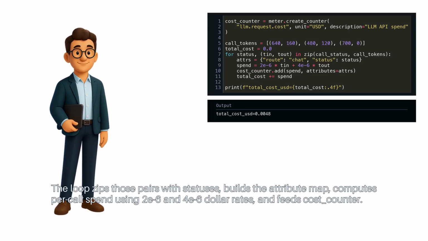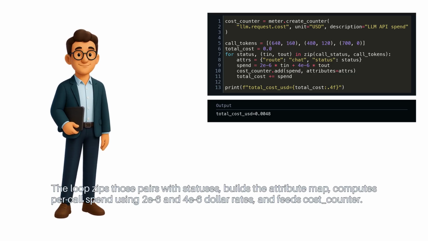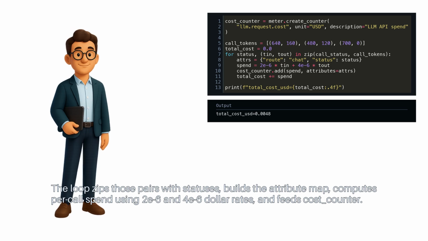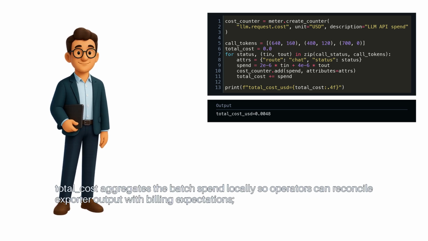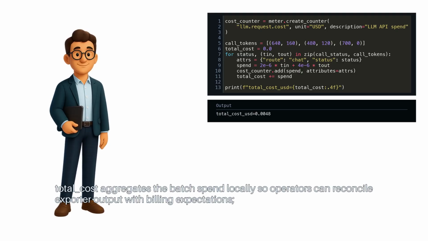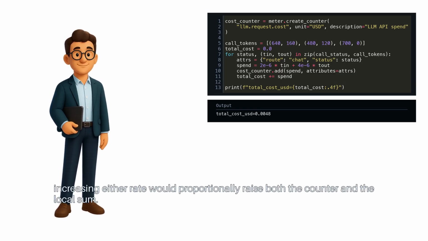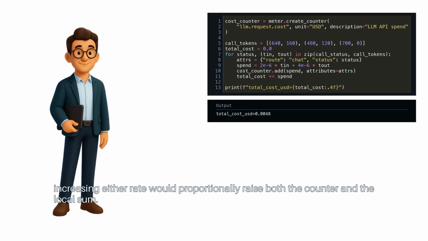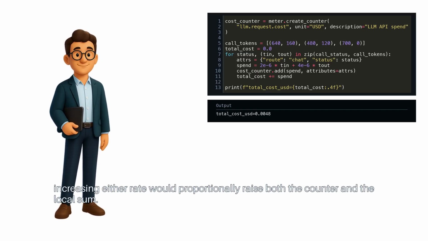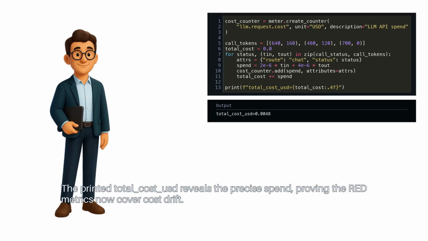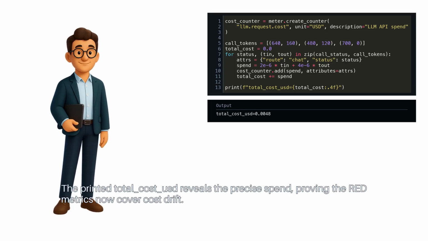The loop zips those pairs with statuses, builds the attribute map, computes per call spend using 2 × 10⁻⁶ and 4 × 10⁻⁶ rates, and feeds cost counter. Total cost aggregates the batch spend locally, so operators can reconcile exporter output with billing expectations. Increasing either rate would proportionally raise both the counter and the local sum. The printed total cost USD reveals the precise spend, proving the RED metrics now cover cost drift.